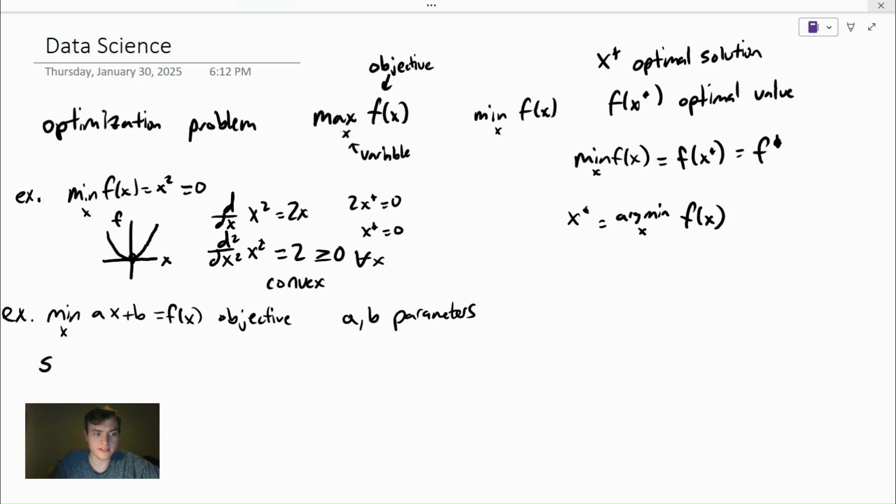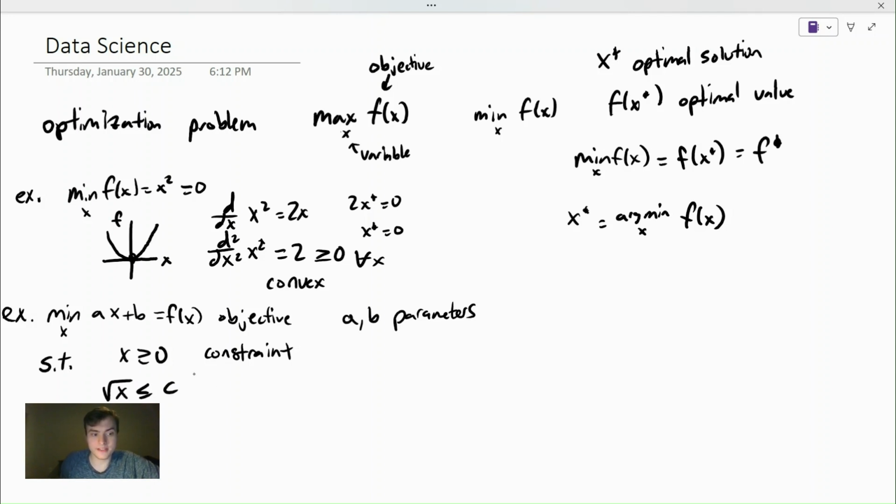And then we can write s.t. for subject to, or such that, x greater than or equal to 0. This is an example of a constraint. We're saying that we're finding the minimum value of this function only considering the inputs that are greater than or equal to 0. We could also have another constraint like square root of x less than or equal to c.